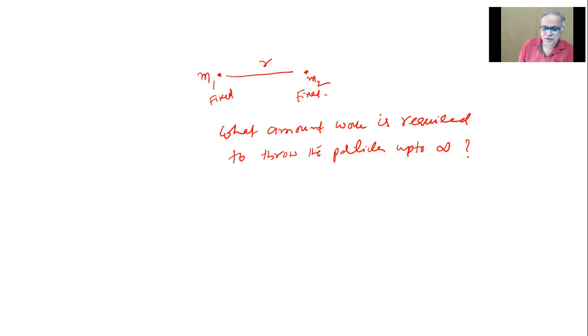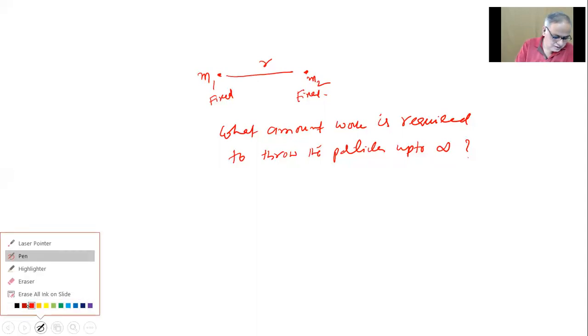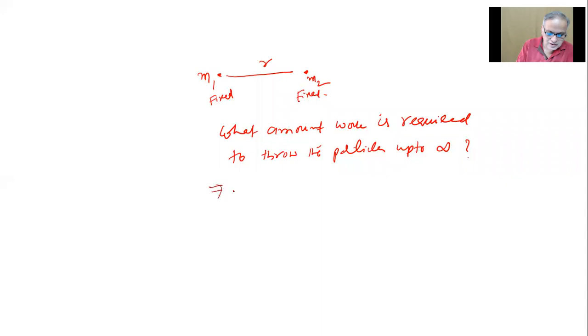Now, what work is required means what? What work should somebody do to throw them up to infinity? It implies the work done by the external force is equal to how much?